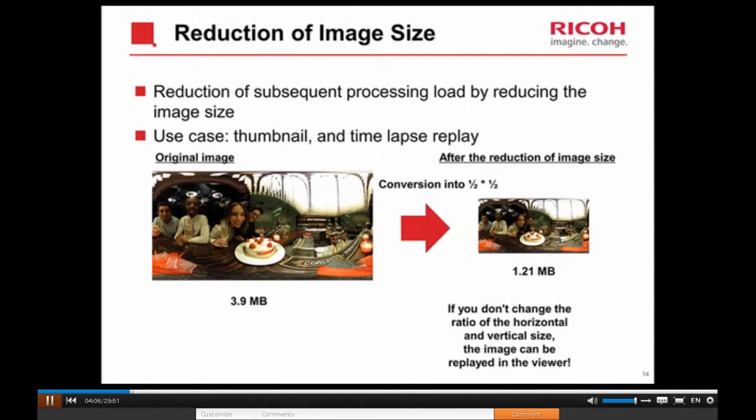Third is the image size reduction. Although the images taken with Theta S are now much clearer, this means that the sizes of these images are much larger. This filtering function allows you to reduce the image size, thus reducing the load during subsequent processing. For instance, when you convert the image into 1/2 by 1/2, the image size will be reduced to approximately 1/3 of the original.